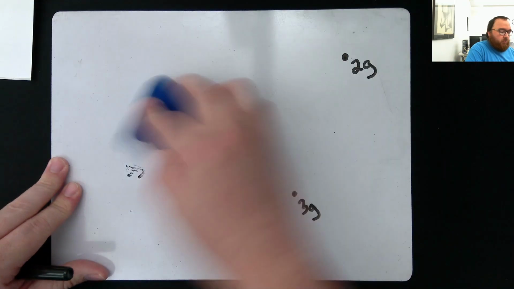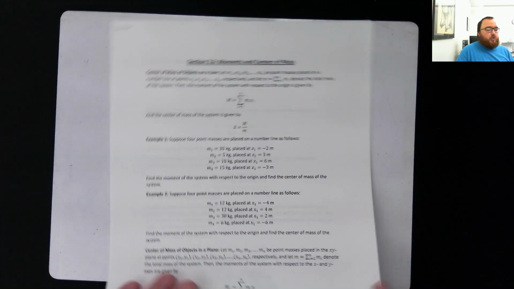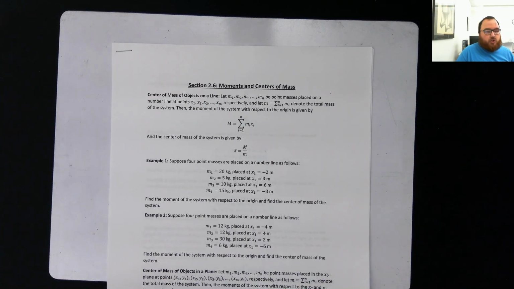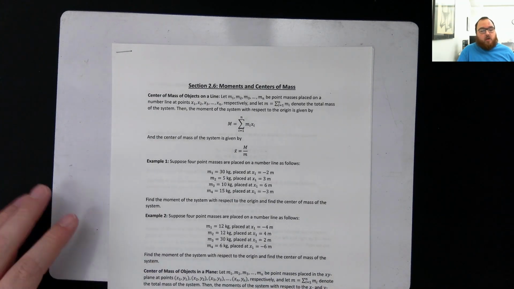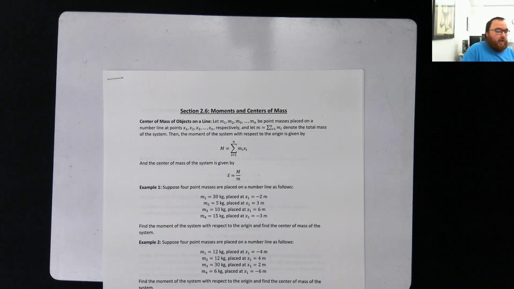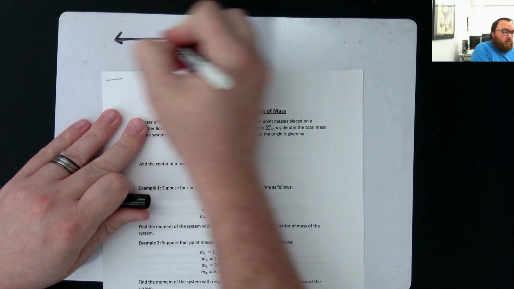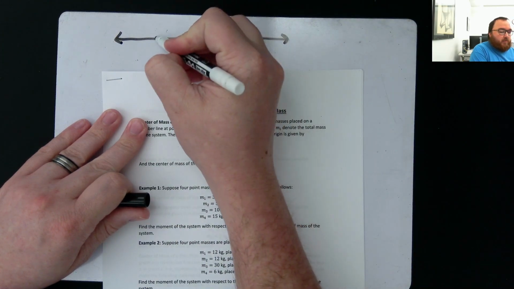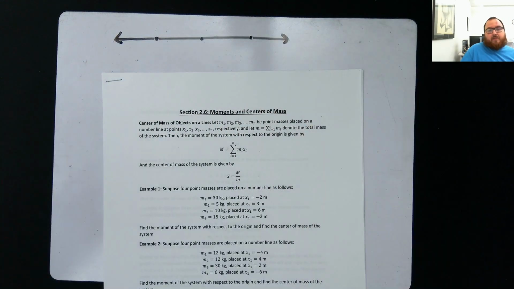So let's get out our note sheet for section 2.6. We're going to start with points on a straight line, meaning I'm putting points on this line.